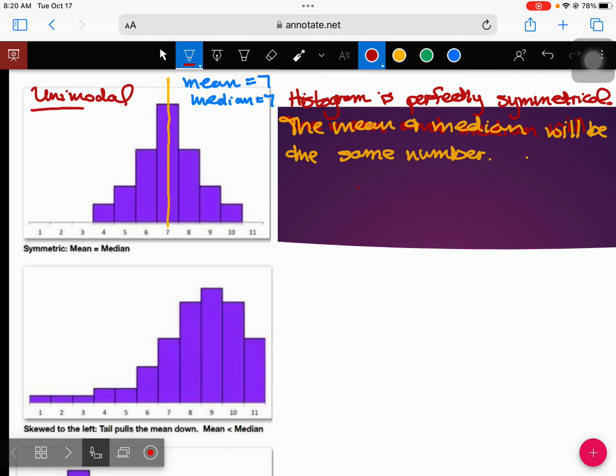And when you have a unimodal symmetric graph, then the mode is also going to be the same. So the mode here is also 7. So if you have unimodal and symmetric, that means the mean is equal to the median, which is equal to the mode.